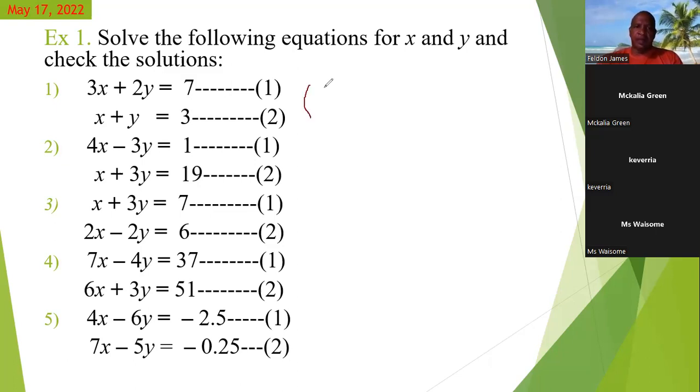So we will have 4, 1, minus 3, 3, and that would be our A. Then we have X and Y, that would be the matrix X, equal to 1 and 19. And so that would be our matrix K.